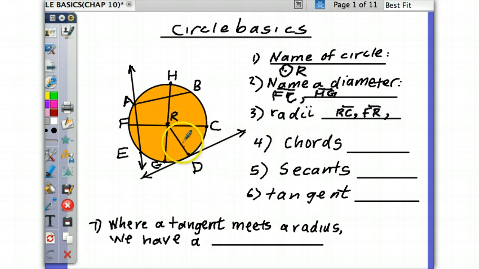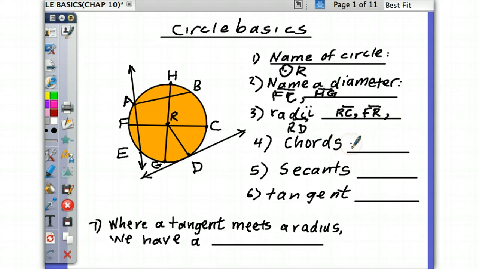RD, GR, HR, DR. So we've got a lot of them. So you can put a few more in if you like. But you got the idea. And the radii are always equal to each other. Always. So when we get to some actual problems involving that, if you know one radius, you're going to know them all for the same circle.